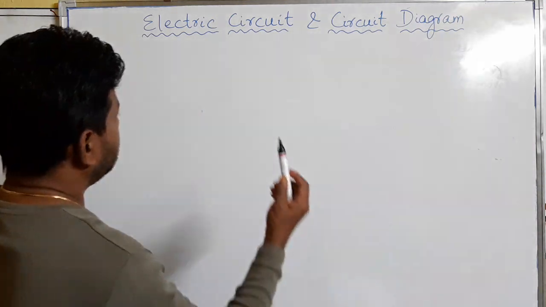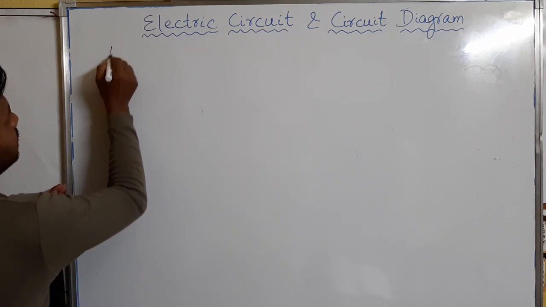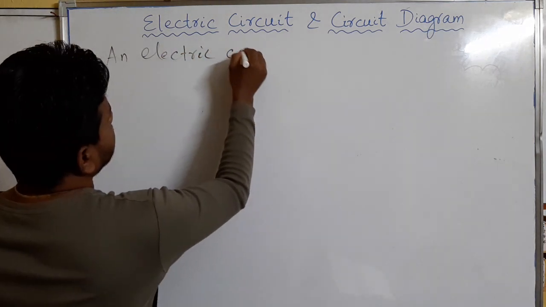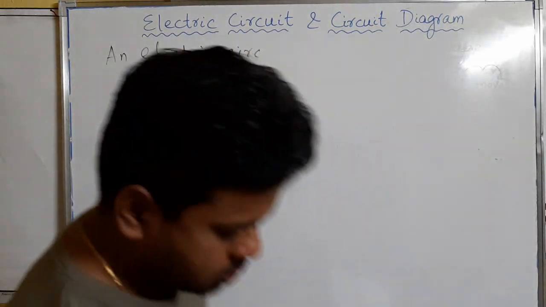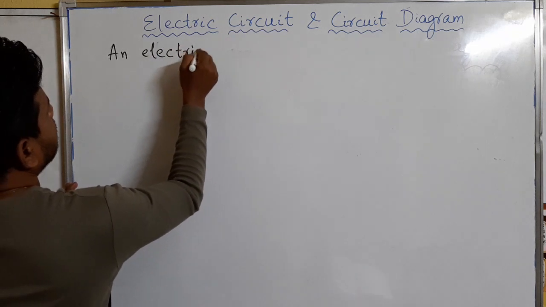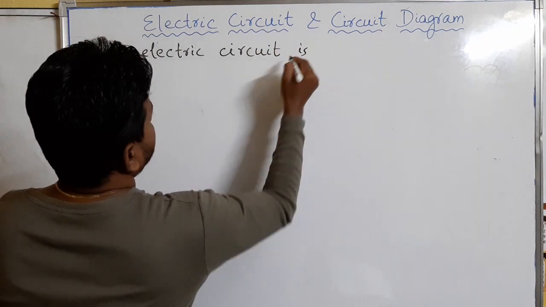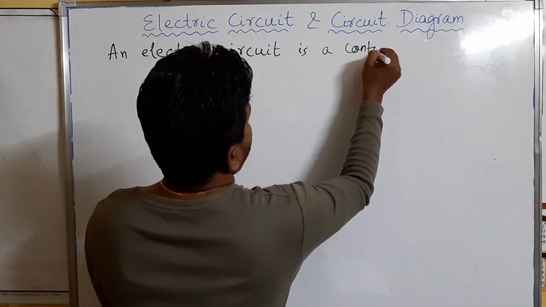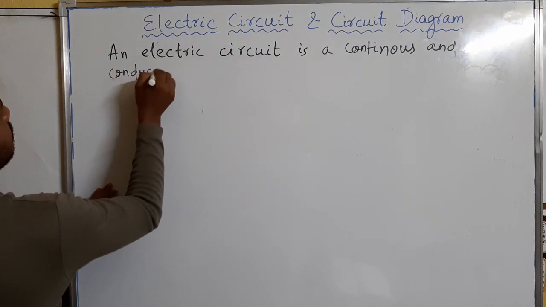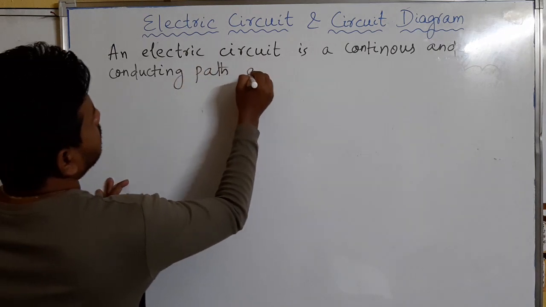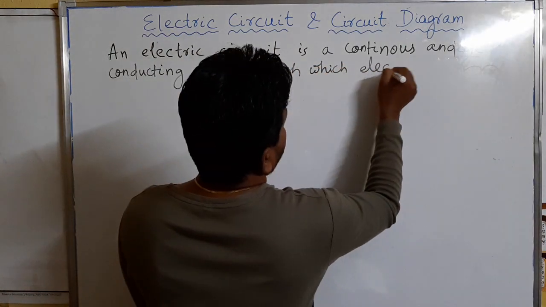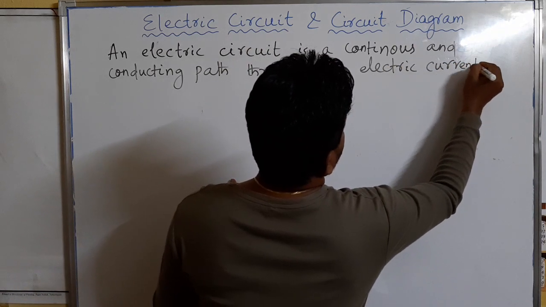So if you define it, it can be defined in this way, that an electric circuit is a continuous conducting path through which electric current flows.